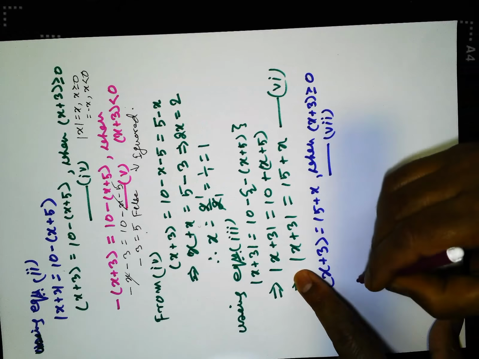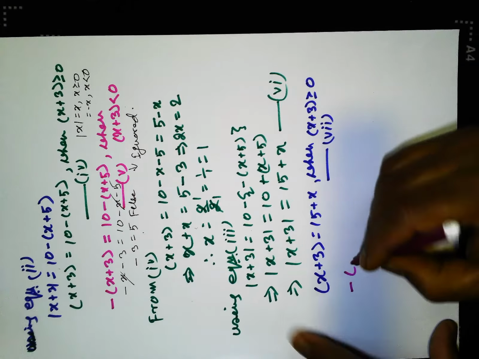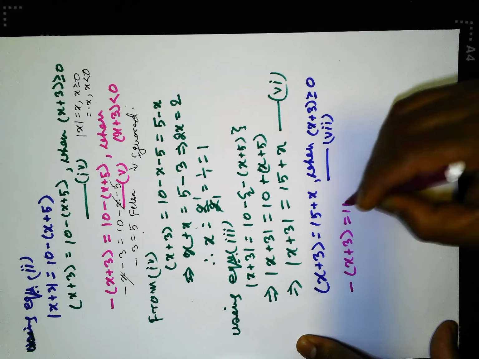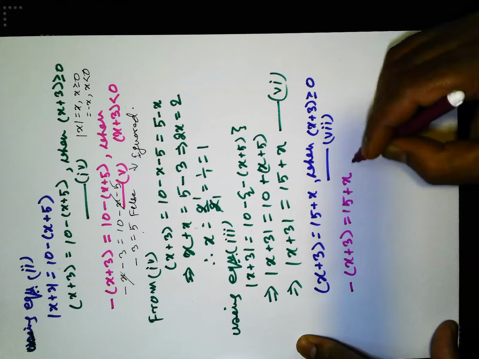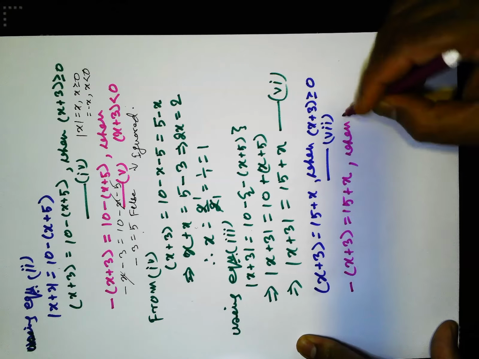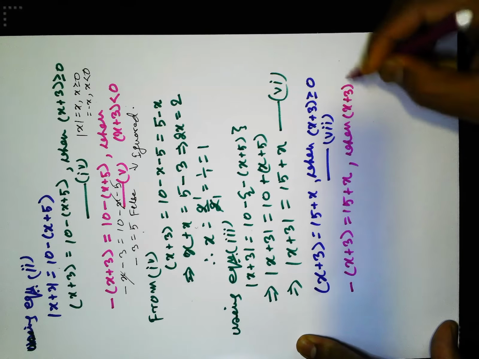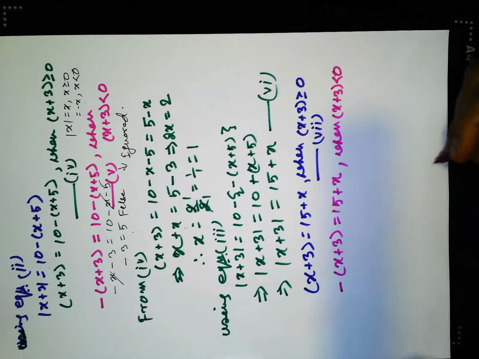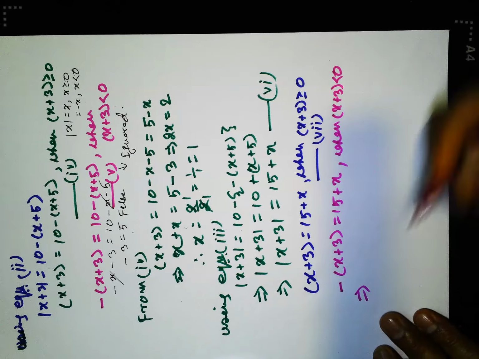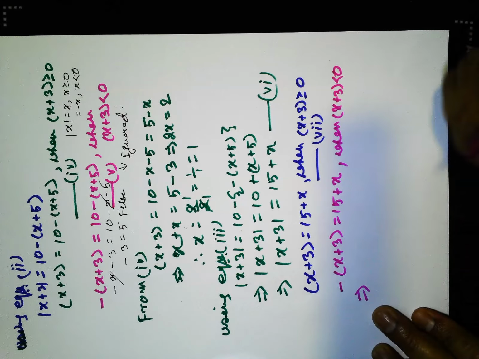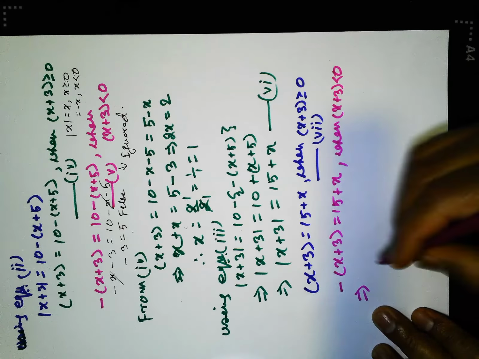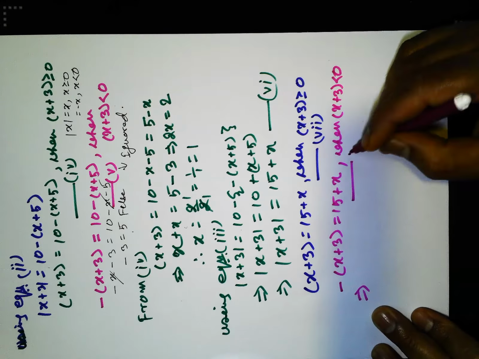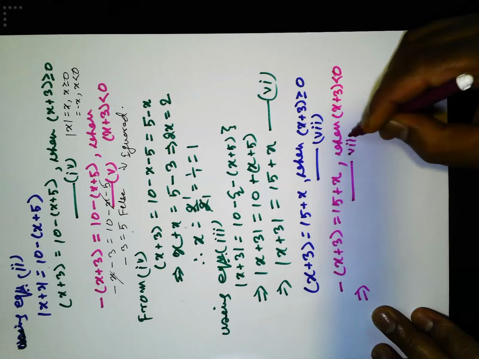And then another possibility will be minus of x plus 3 equals 15 plus x when x plus 3 is less than 0, as I had explained earlier. Up to 7 we have already named, so we can write equation 8.